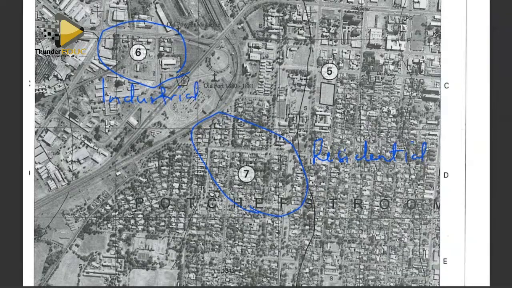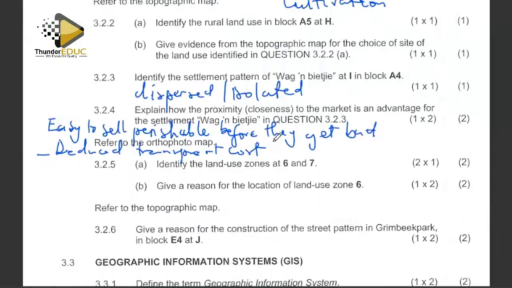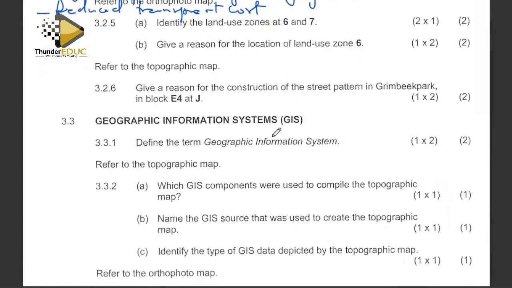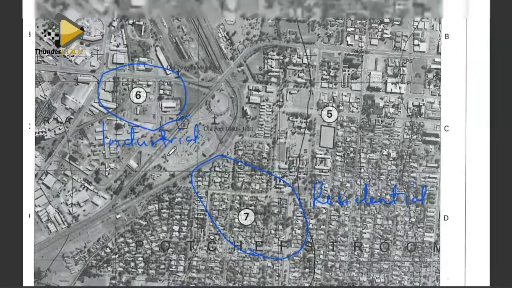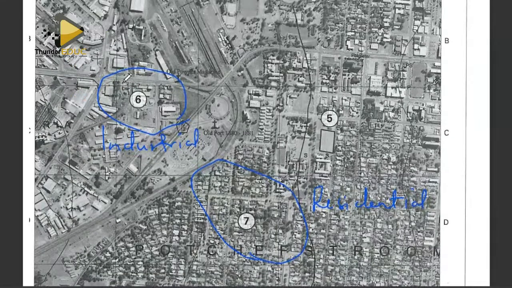So that's the distinction: 7 is residential, 6 is an industrial area. All right, then the next question says, give a reason for the location of land use zone 6. Right, we go to the map and try to find out the reason. Why do we have industries located here?